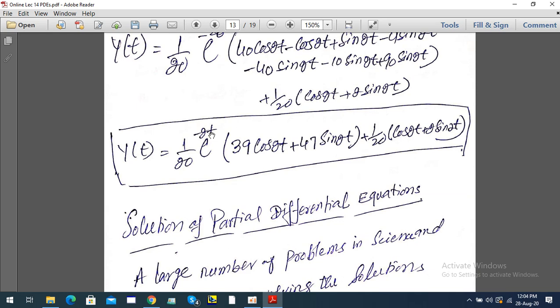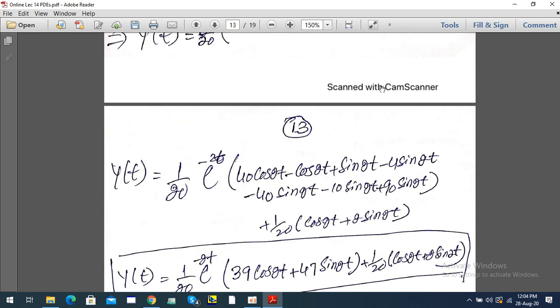So when t equals 0, if it satisfies the above conditions, then find y dash of t, dy by dt, and use t equal to 0. If it satisfies that condition, then this solution will be correct.